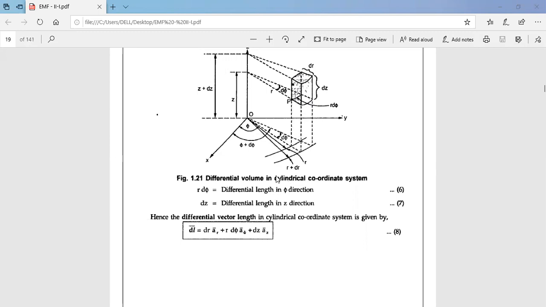So this dr would be in the aR direction, this d phi would be in the a phi direction, and this dz would be in the aZ direction.